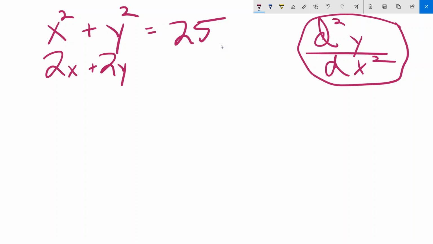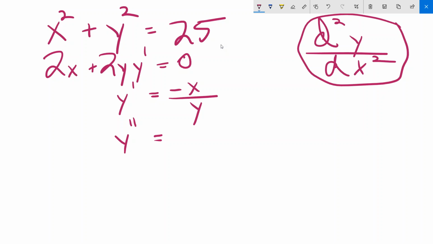We just ran into a variable that was not x, that's right, y prime. So there's our first derivative. Now implicitly differentiate that.